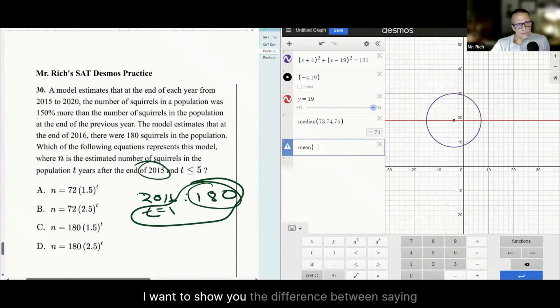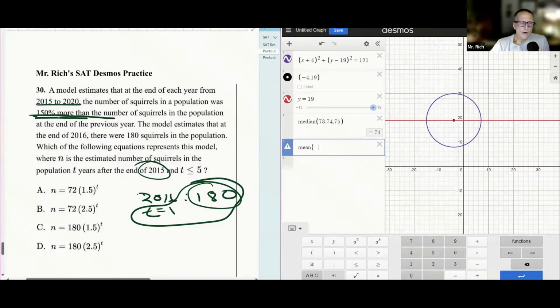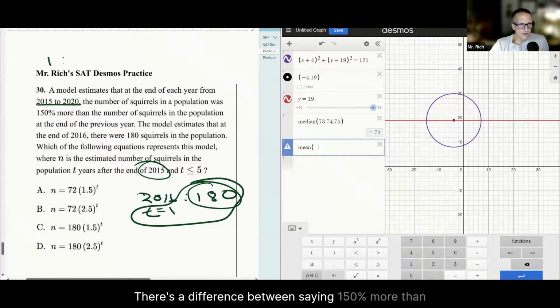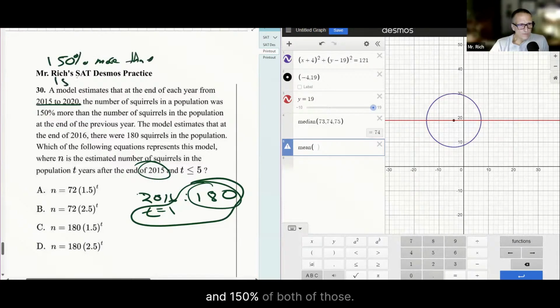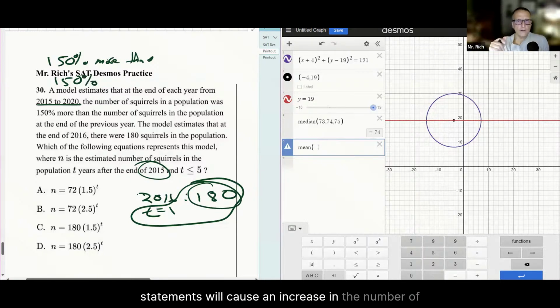I want to show you the difference between saying 150% more, that in 2015-20 the number of squirrels in a population was 150% more than the number of squirrels at the end of the previous year. There's a difference between saying 150% more than and 150% of. Both of those statements will cause an increase in the number of squirrels.